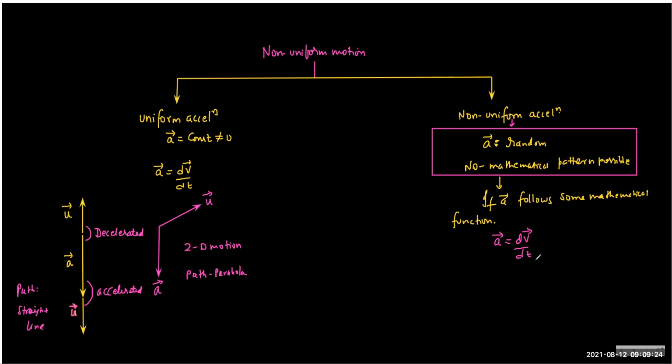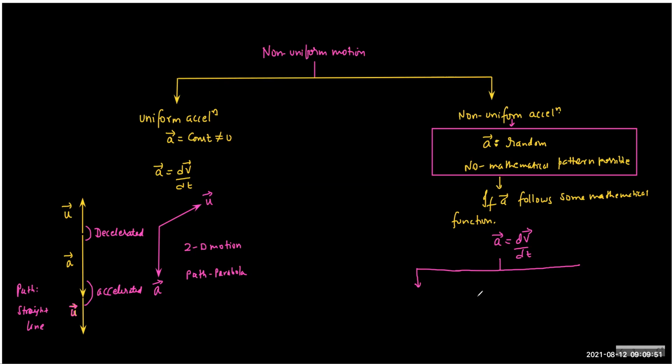This is always correct, because this is something very fundamental. So if a is following some mathematical pattern, so a is non-uniform.